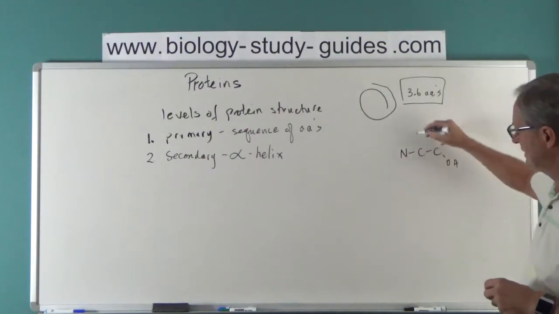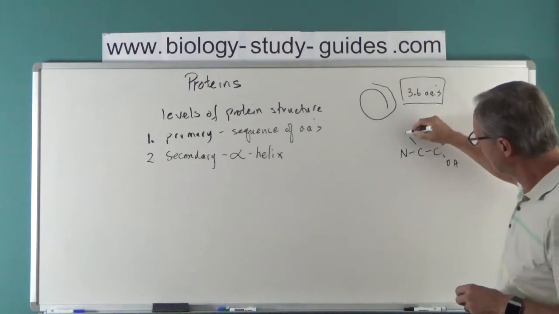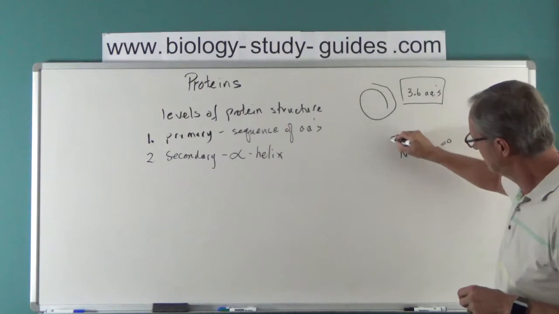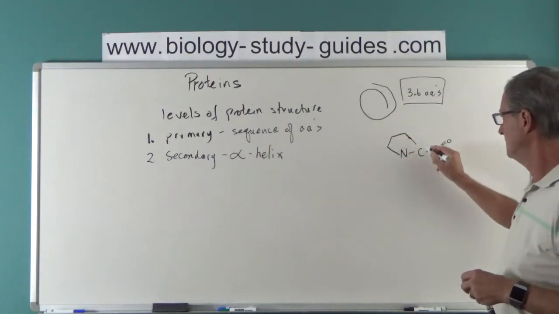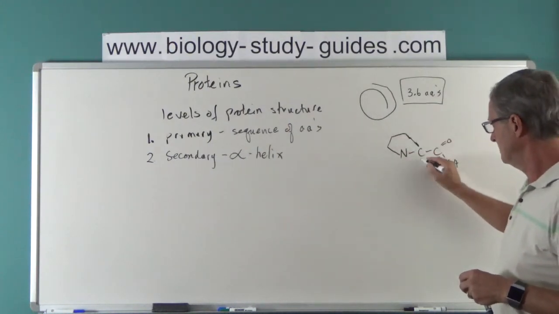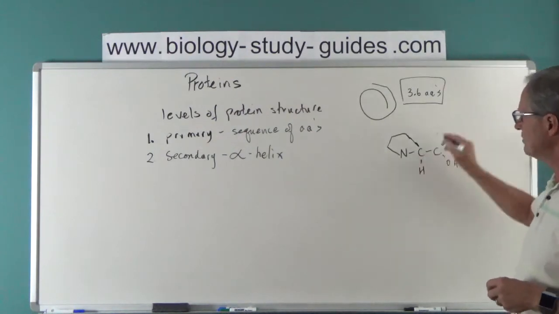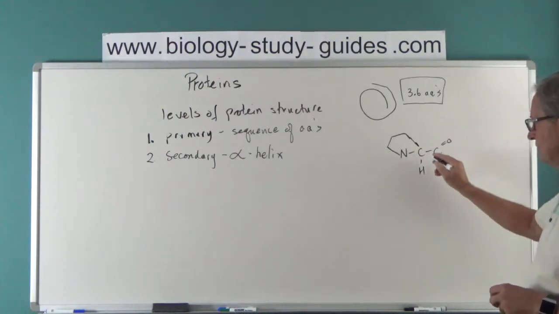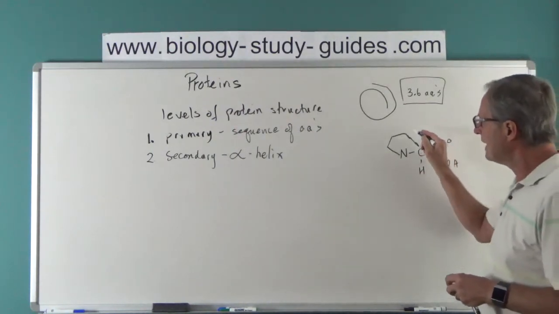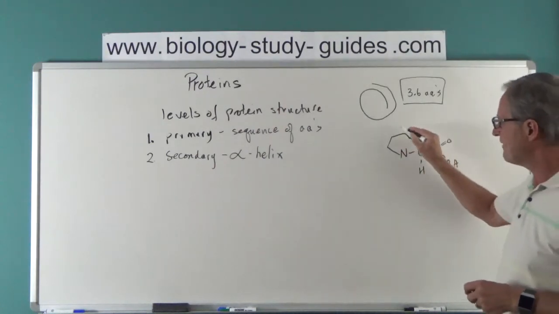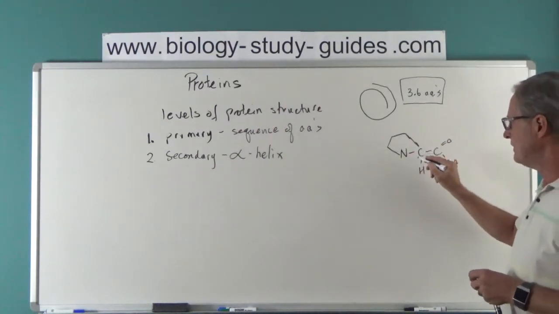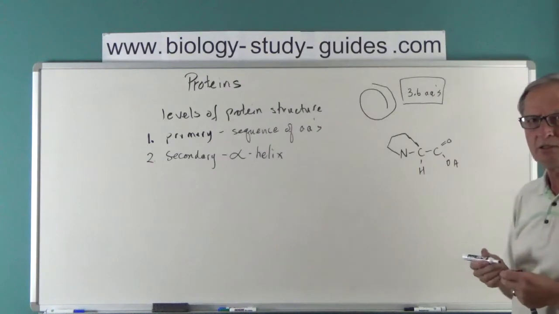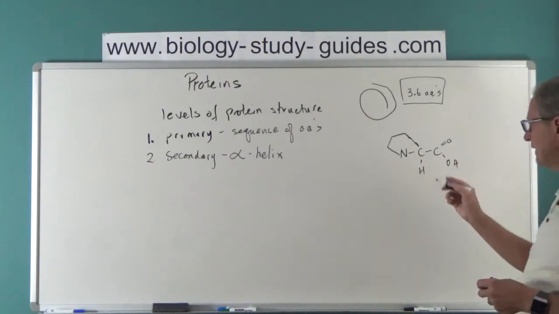I should have drawn that at a slightly different angle, but I'll fake it a little bit here. The amino group of this particular amino acid is caught up in a ring structure. There's a 5-cornered ring here, which means that this thing can't form a particular bond like it's supposed to.